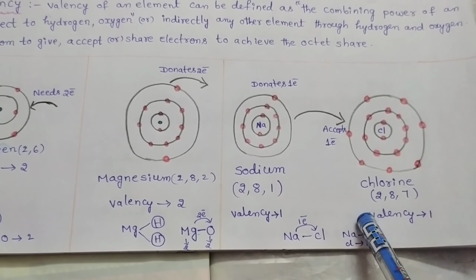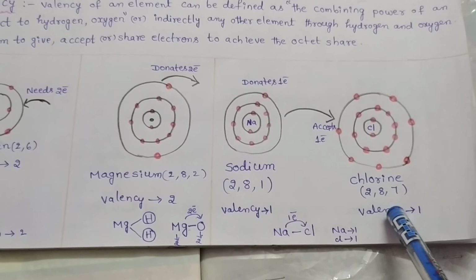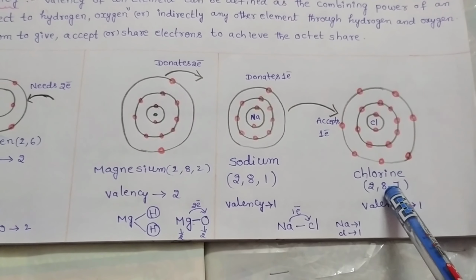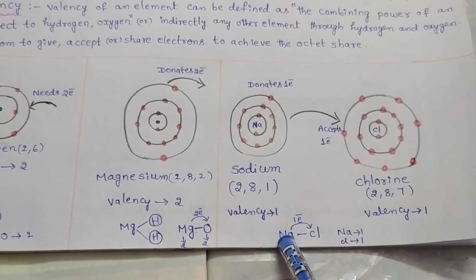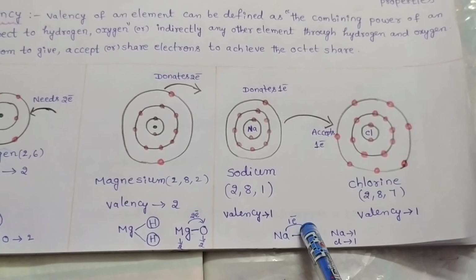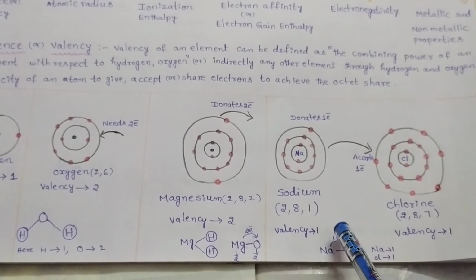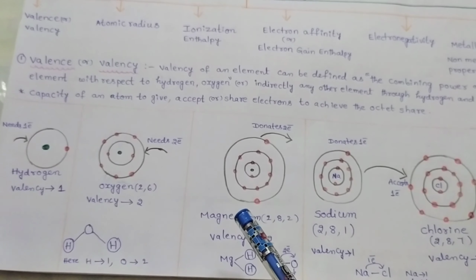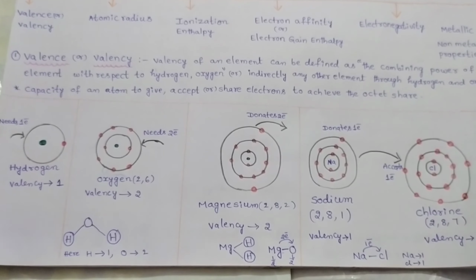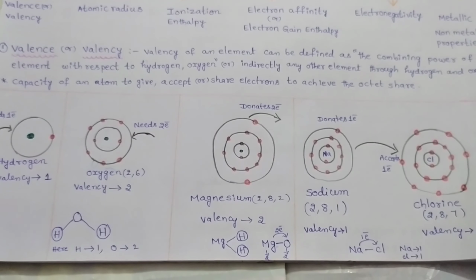So here the chlorine has a valency equal to 1 by taking 1 electron. Here the sodium also has a valency equal to 1 by donating 1 electron. In this way we can calculate the valency of each element in the modern periodic table.